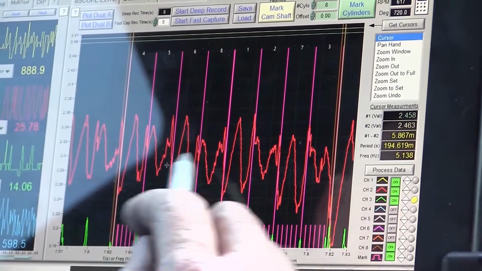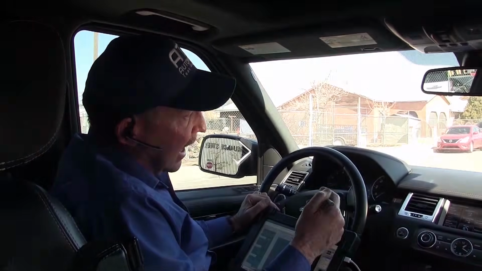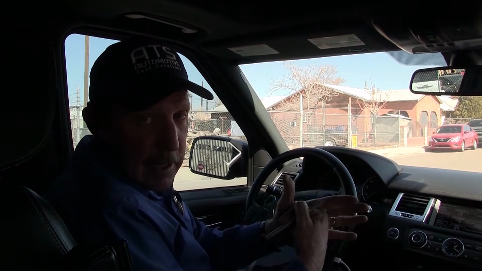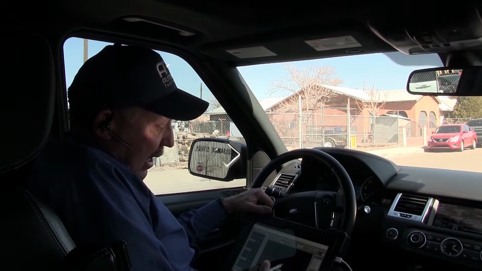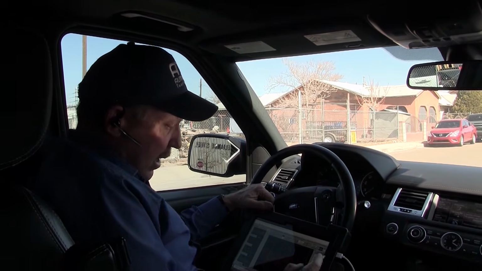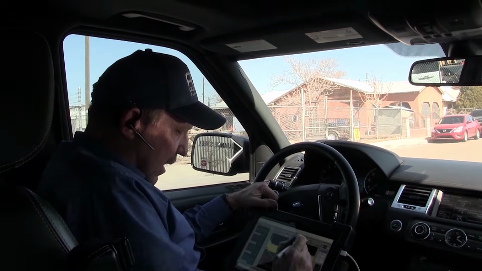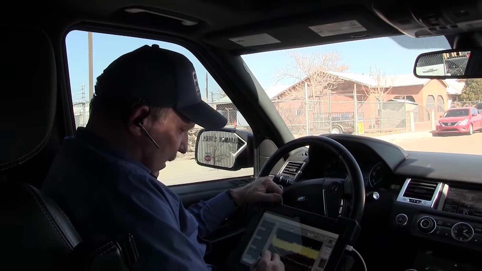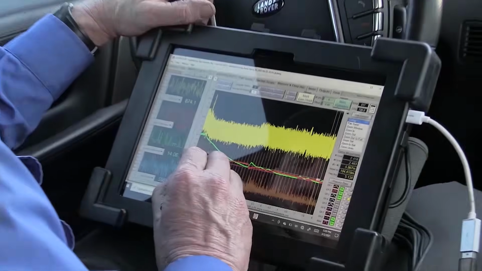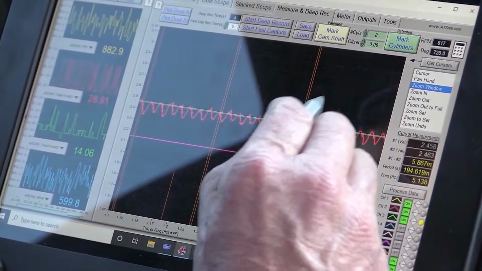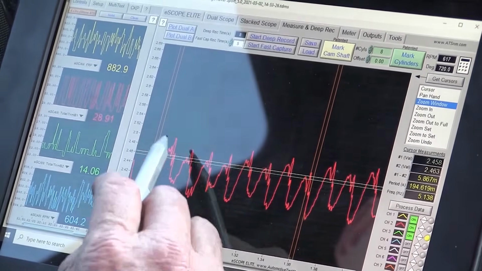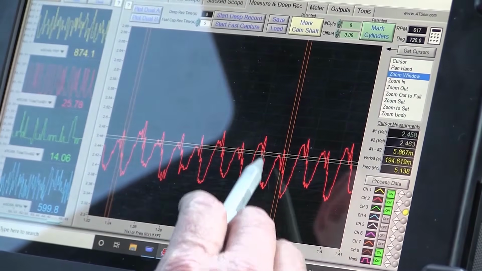Now, I believe what's causing this inside the high pressure pump is that it's intermittently bleeding pressure. It's not working right. So I can't make the rail pressure, and at the same time, let's go back over here where we didn't have the problem, right? And let's just look at this again so we can see the difference. Do you see how even all of these are?